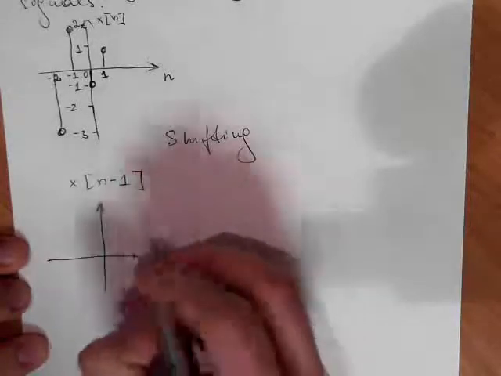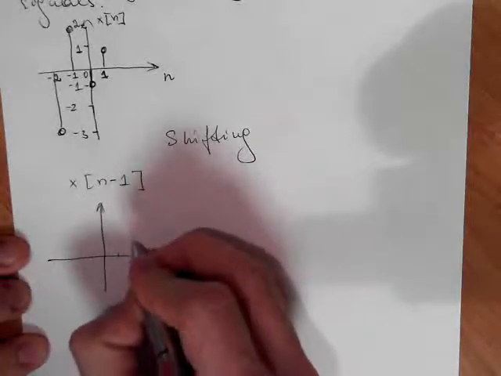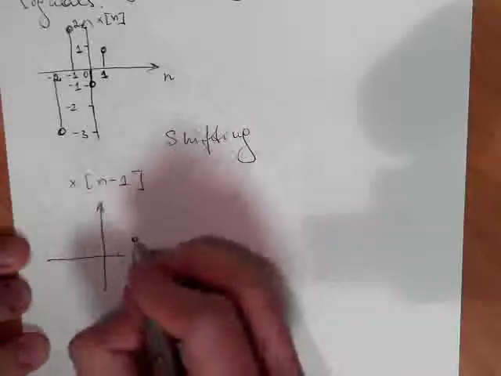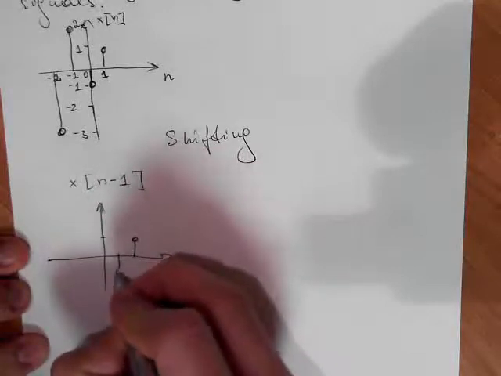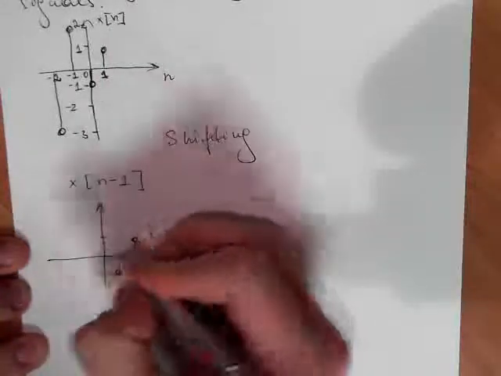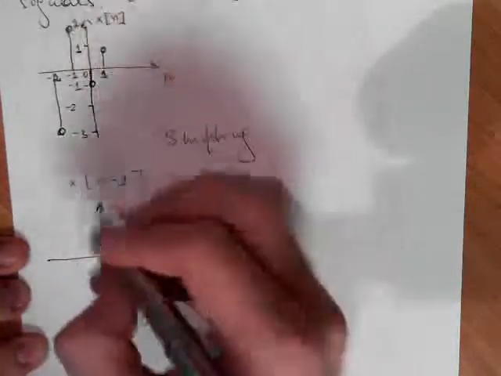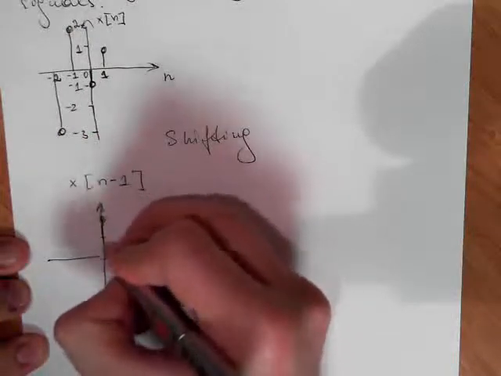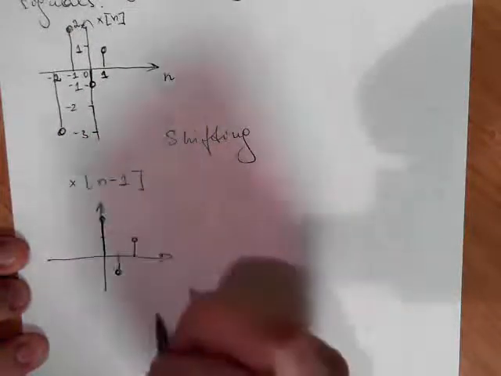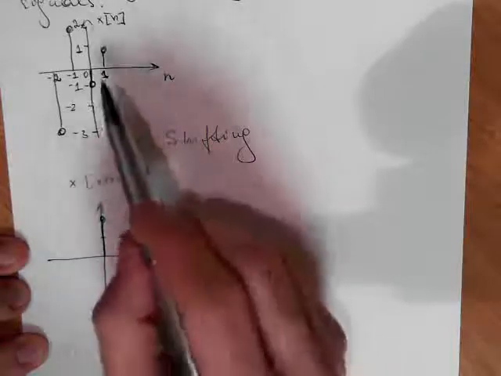So here we have 2, and we write here 1, here it goes to -1. At 0 we get this 2, and at -1 we get -3.